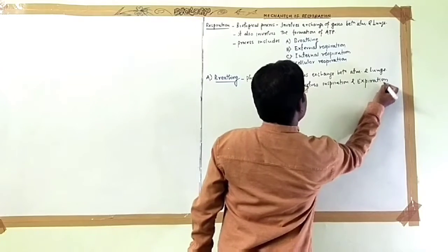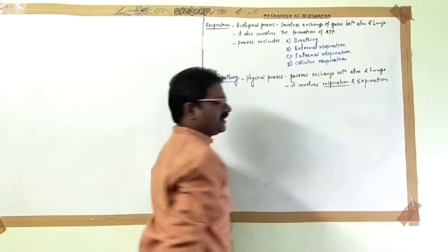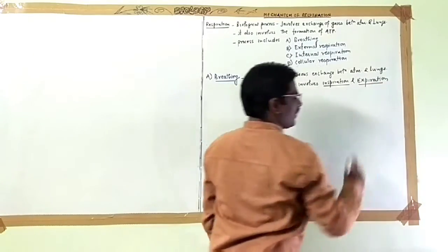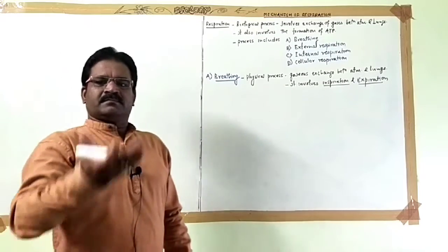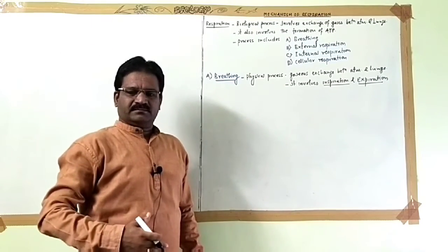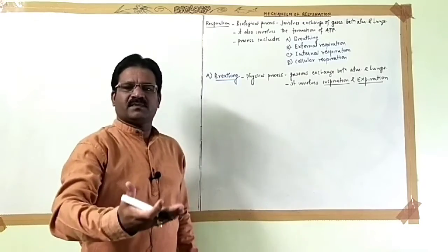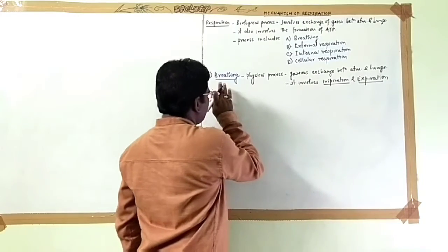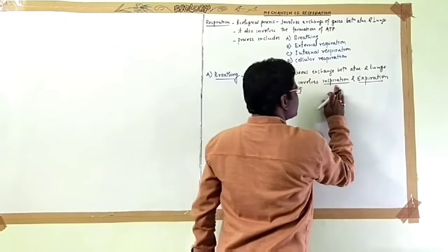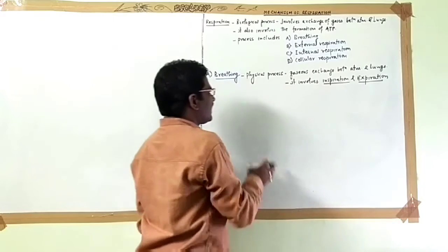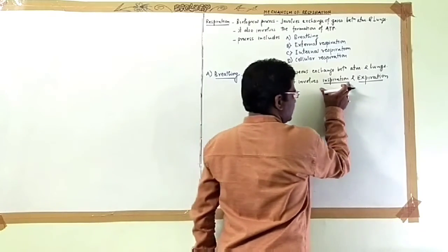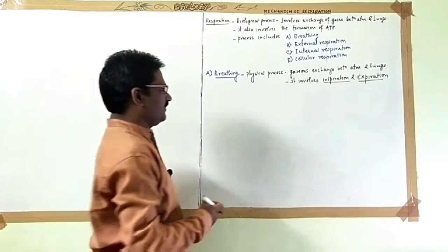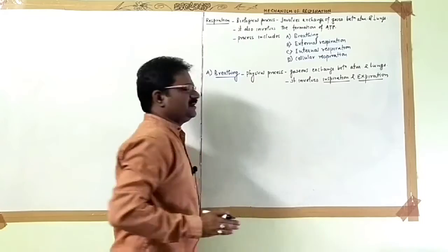Inspiration means the intake of air into the lungs, and expiration means the expel of air from the lungs through the nostrils. So breathing involves inspiration and expiration. म्हणजे ब्रीदिंग अशी प्रोसेस आहे ज्याच्यामध्ये श्वास घेणे आणि श्वास सोडणे, श्वास आणि उच्छ्वास. ठीक आहे. तर ह्या दोन्ही प्रोसेस ब्रीदिंगमध्ये इन्क्लूड आहे.